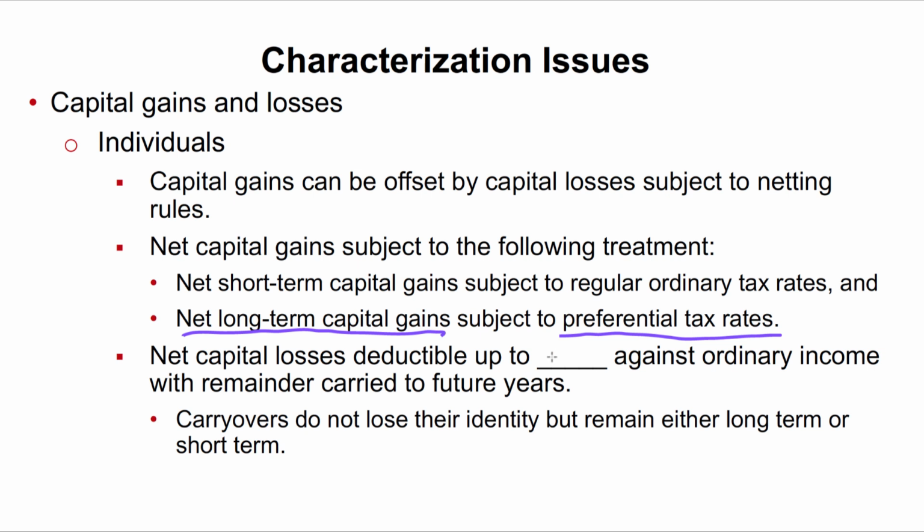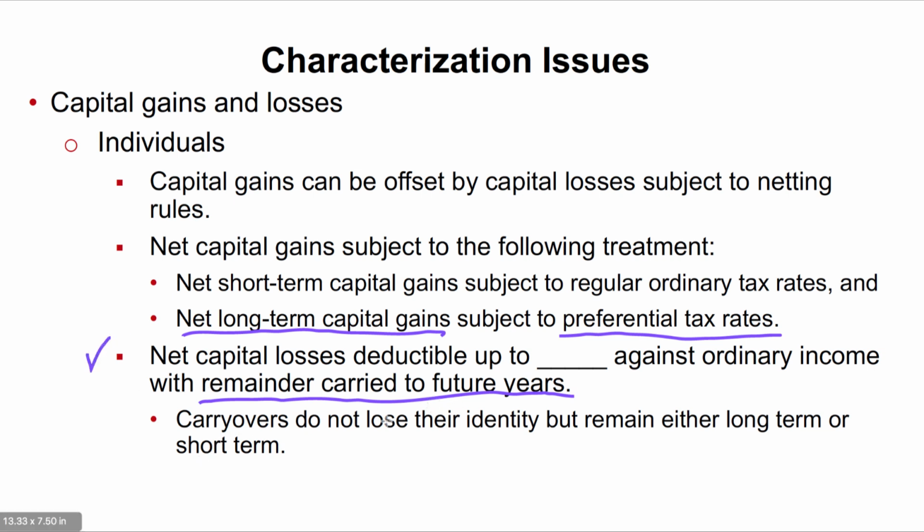I have this amount here because, again, it could be different. And also, there's two numbers. $3,000 is the general rule for a taxpayer, unless you're married filing separate, and that's $1,500 against ordinary income. And the remainder carries over to future years. So a carry forward. So we've got this special amount allowed to offset against ordinary income.